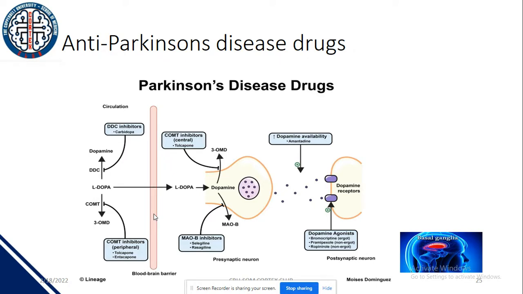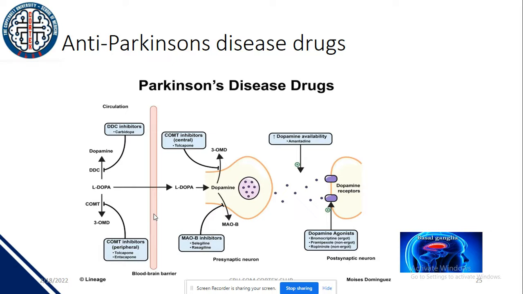Again, this is just to show us some of the drugs that are used in the treatment of Parkinson's disease and where exactly they act. We have the circulation, as well as inside the brain, so to say, the blood-brain barrier.